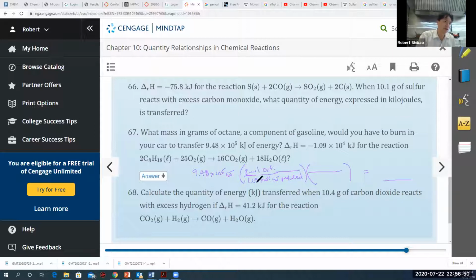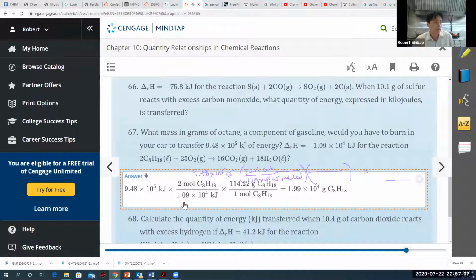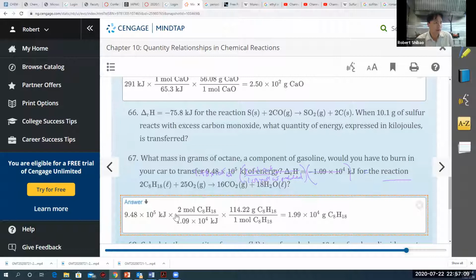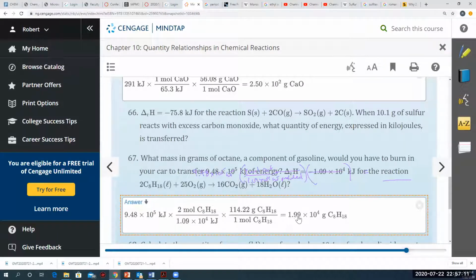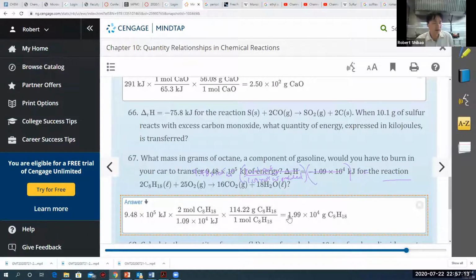So this is why I drop the negative sign. But you have to be careful because in thermodynamics, sometimes you carry the negative sign in the calculation. Sometimes you'll drop the negative sign in the calculation. So you can see here, they end up dropping the negative sign because we could get negative grams here. It just means you're using up that many grams of octane.